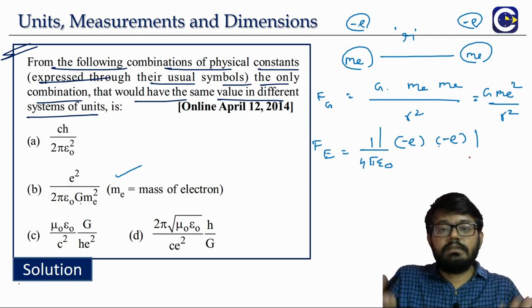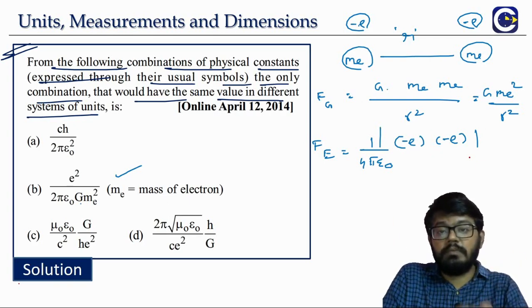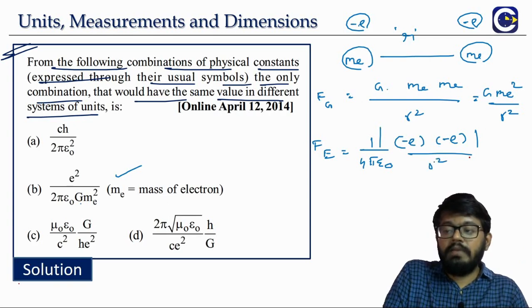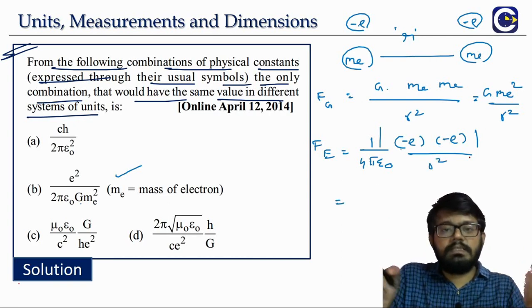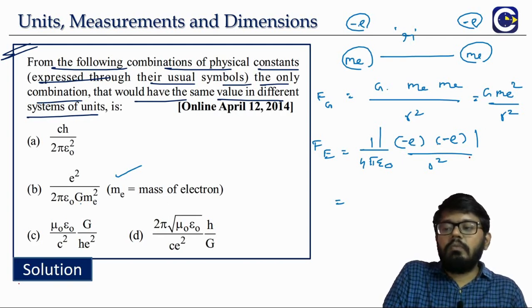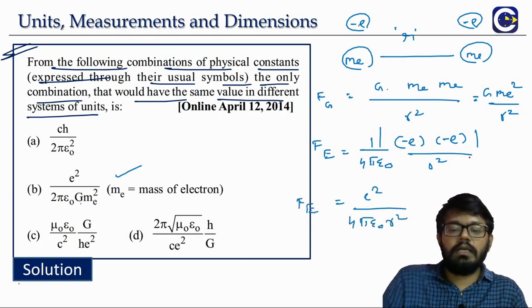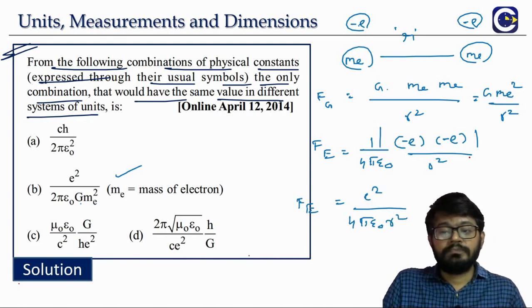Modulus means we will just take the absolute value, because sometimes the charge may be positive, sometimes negative. Divide by r square. So e into e is e square. So e square by 4 pi epsilon naught into r square. This is the electrostatic force.